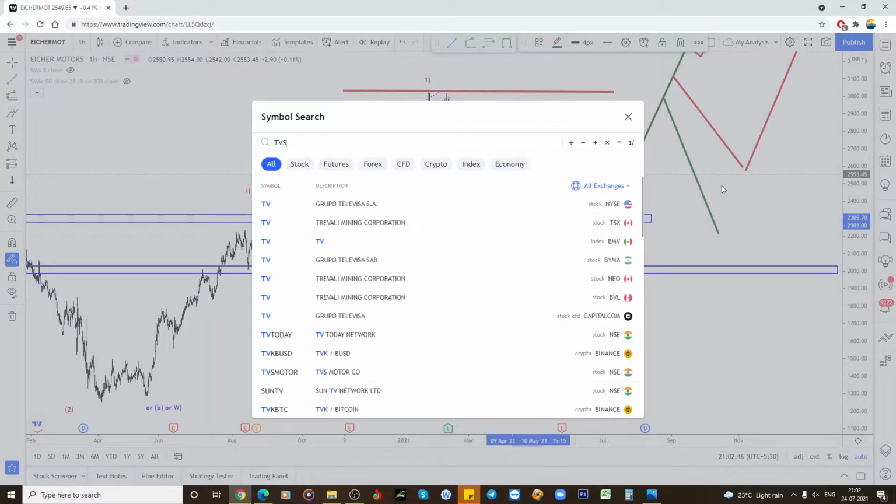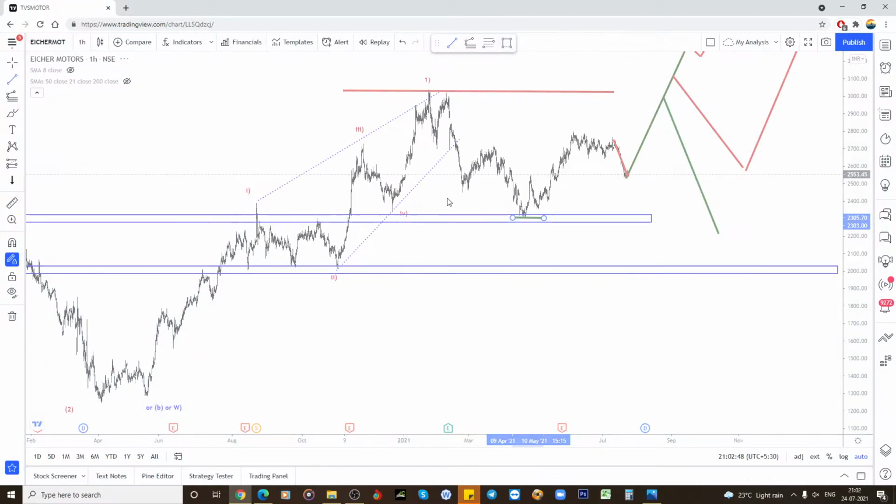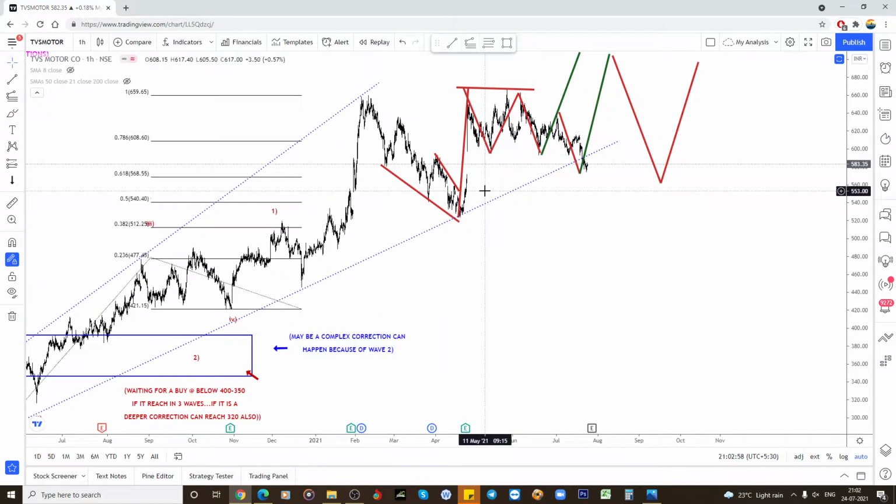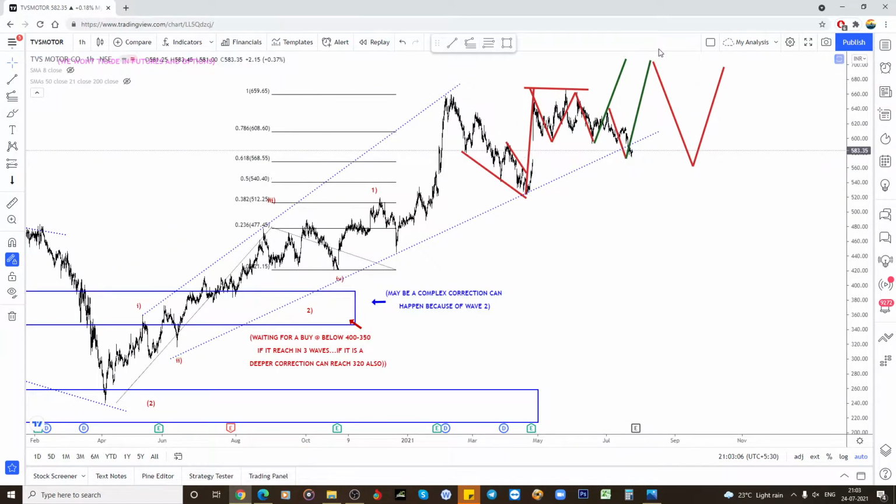So TVS. TVS also, the previous I expected here 1, 2, 3, 4, 5, and I said I am not able to count this, but anyway, if it is a structure pattern, this is a correction and this is an impulsive wave, and we are in the correction. As per this, it came down and I am expecting a bounce.